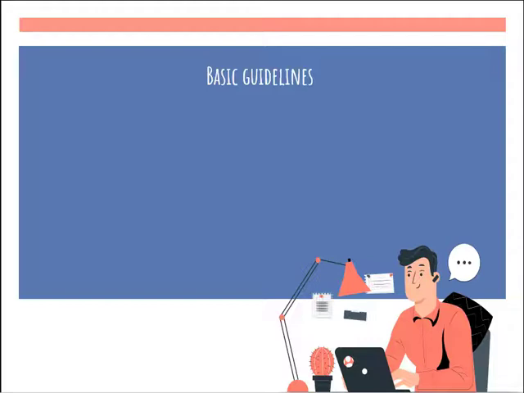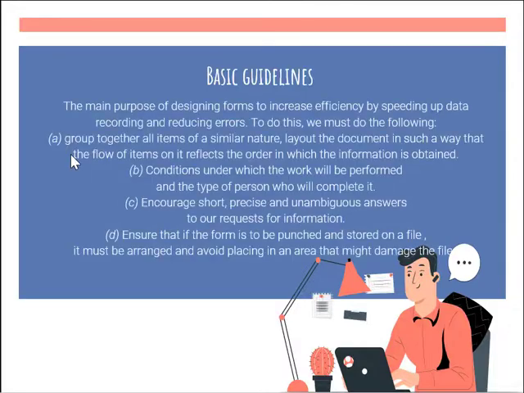To do this, we must do the following. Group together all items of similar nature, and if possible, lay out the document in such a way that the flow of items on it reflects the order in which the information is obtained. Next, bear in mind the conditions under which the work will be performed and the type of person who will complete it.